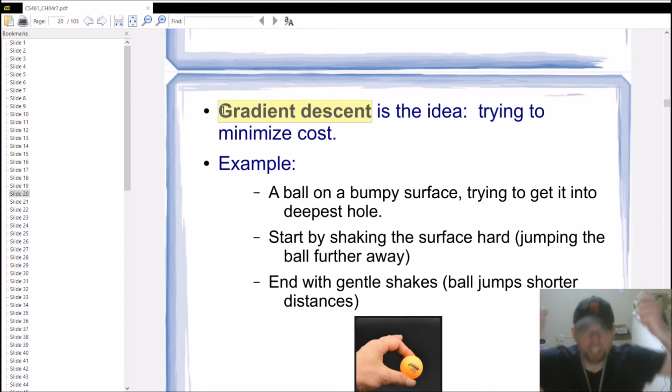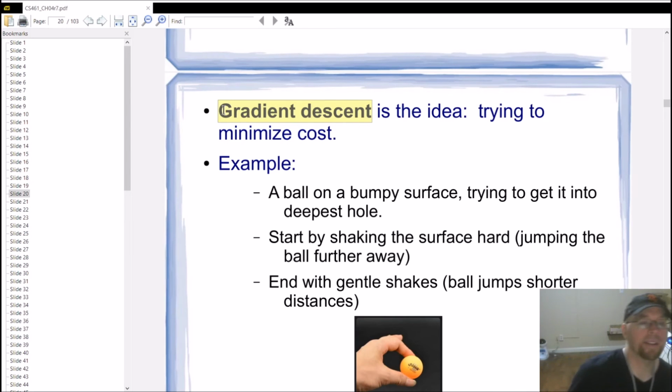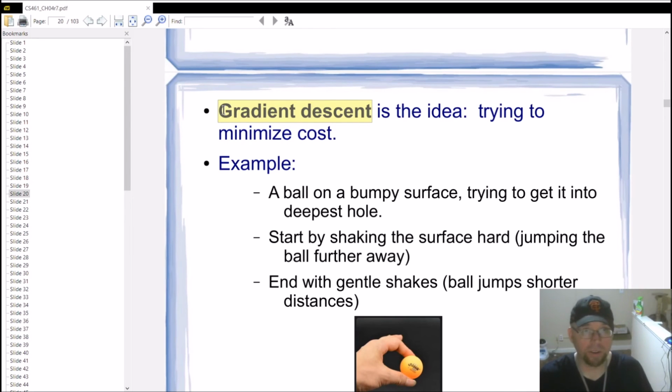You might really just give it a good jerk, so that the ball will fly as far as it can in one move to get as close as you can to that deepest pit. But once you got closer to that deep pit, you're not going to do it as hard, are you? Because that would send the ball flying in the opposite direction of what you want. So you maybe give it just a little bit of a shake.